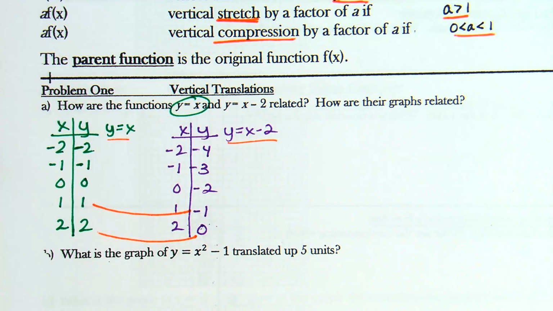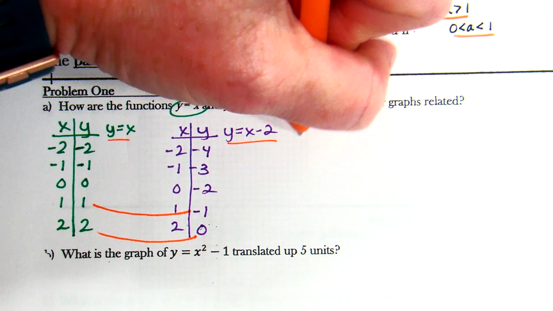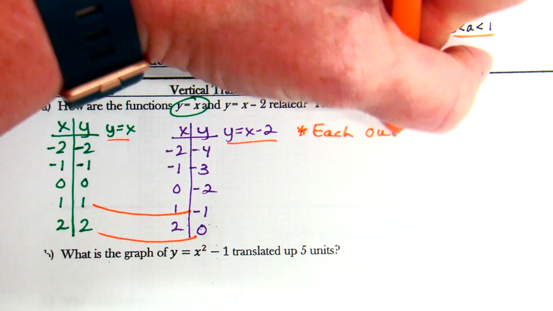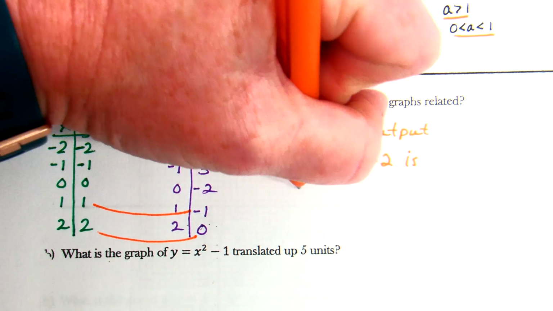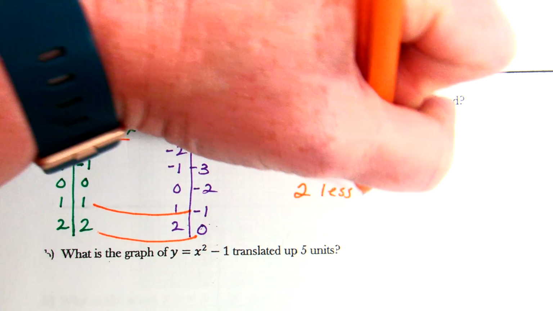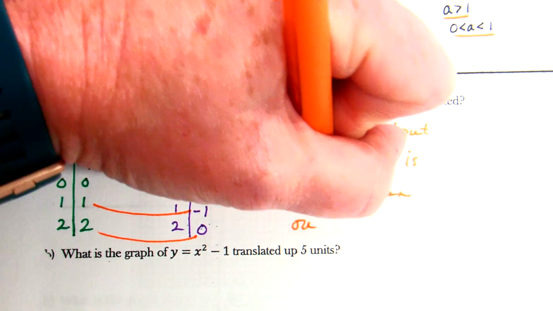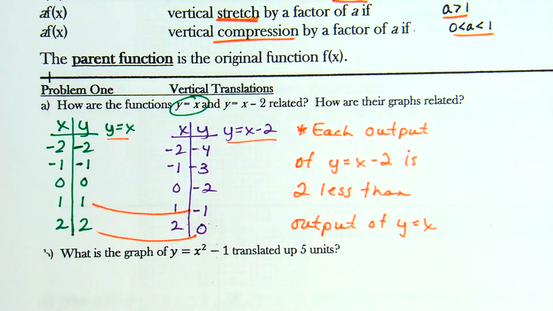So one thing I want you to be able to acknowledge is that I'm going to use the word output, right? Can I use the word output for y values? Okay. Each output of y equals x minus 2 is 2 less than the output of y equals x.